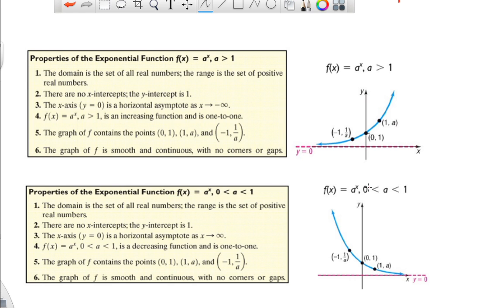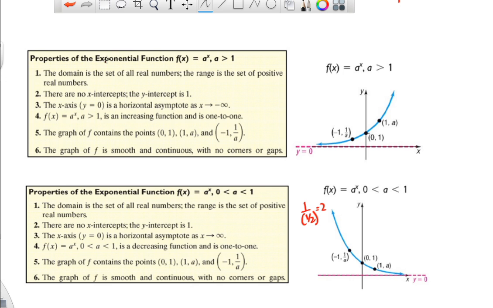If a is between 0 and 1, so if it is a fraction, then we have a decreasing function. Still share 0, 1, but now 1 over a is what you get over here. Keep in mind that a here is a fraction, so 1 over a would be 1 divided by a half, so that is a 2. And then here we get our smaller values.